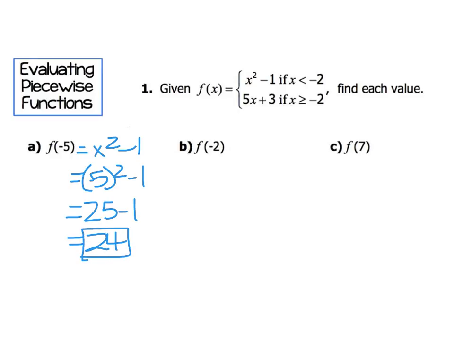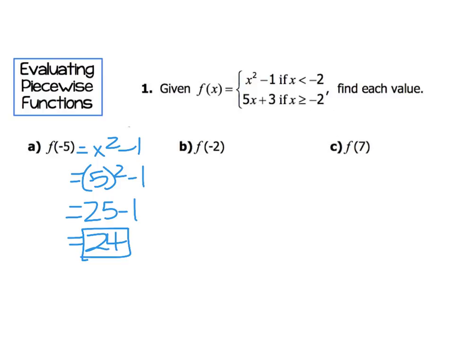All right, now for part B, f of negative 2. So when x is negative 2, which function do we want to use? Do we want to use the top one or the bottom one? Well, our x is equal to negative 2. So we're going to use this one because this domain is when x is greater than or equal to negative 2. So if x is negative 2, this is the function we're going to use.